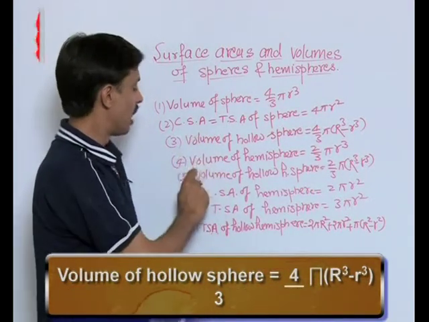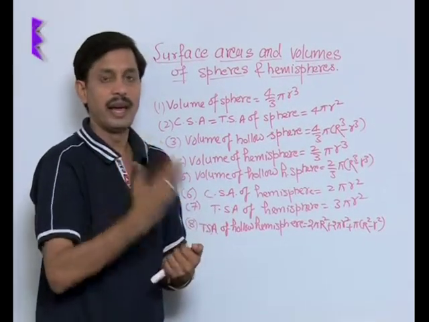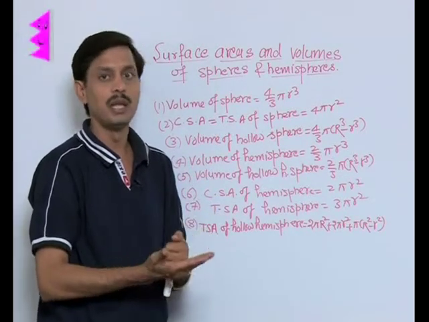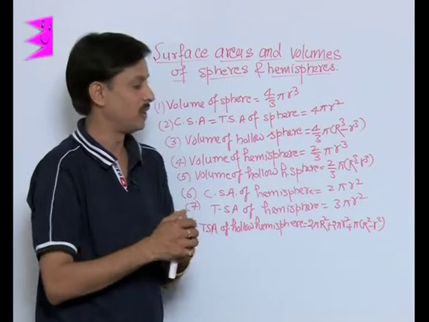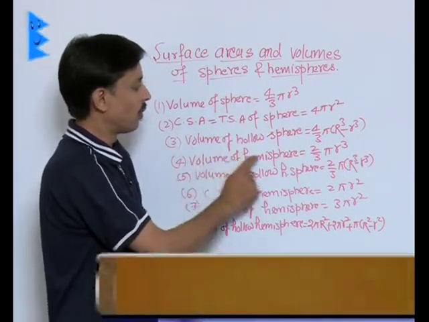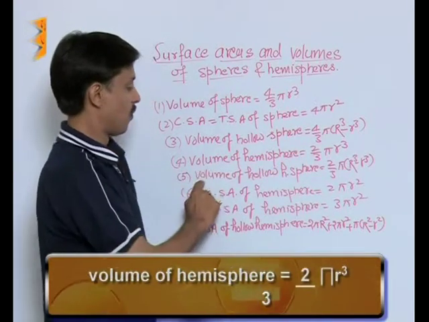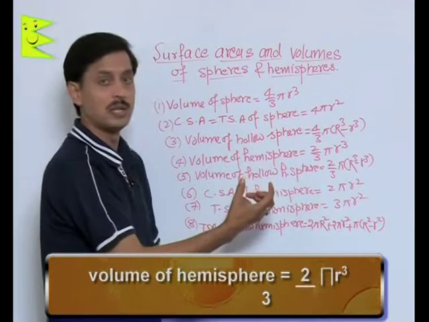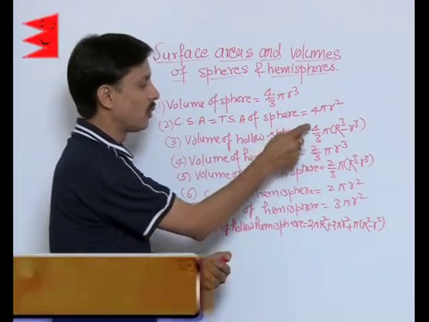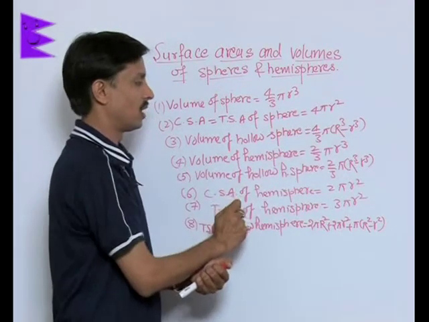Now the volume of a hemisphere. As the semicircle is half of a circle, similarly the hemisphere is half of a sphere. Volume of sphere is 4 by 3 pi r cube, so volume of hemisphere is 2 by 3 pi r cube.